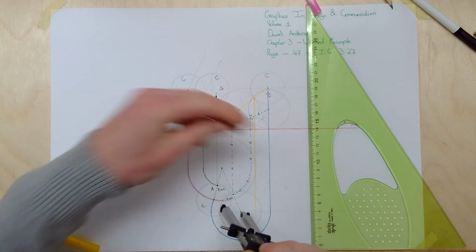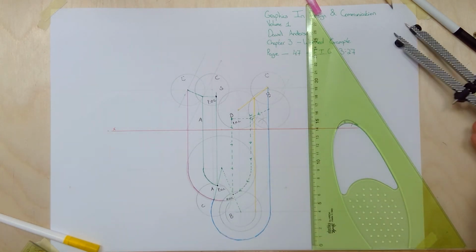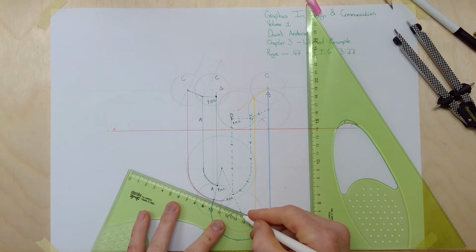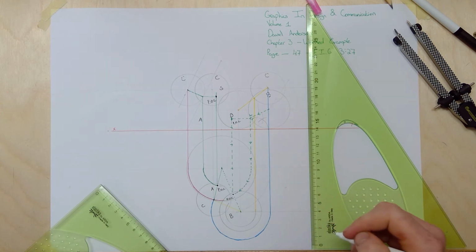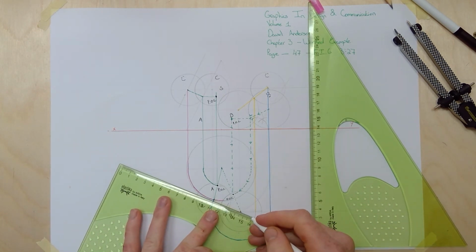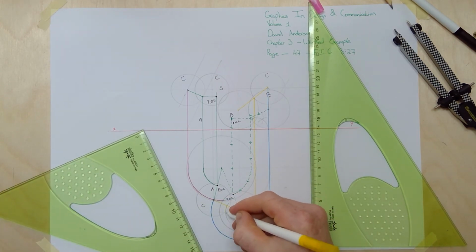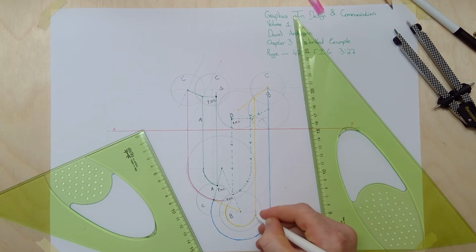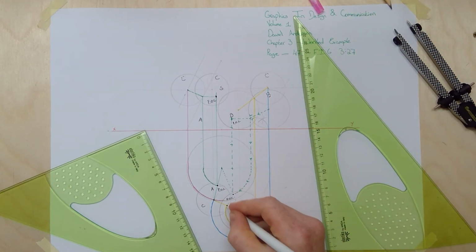Swing this point around. And we're going to join the centers of sphere B and sphere C down here in plan. Go that line over there. So that point there now, where that arc and the center line meet, that's my point of contact.